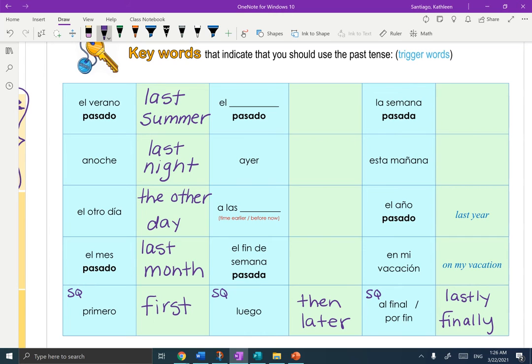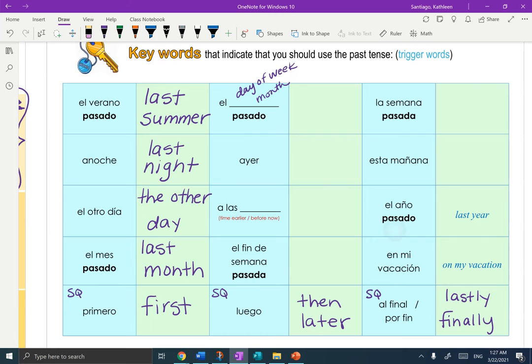Let's go back to the top of the second row. El blank pasado. Okay, well, in here you would put a day of the week, or you could put a month. El febrero pasado, el martes pasado, el sábado pasado. Okay, whoops.